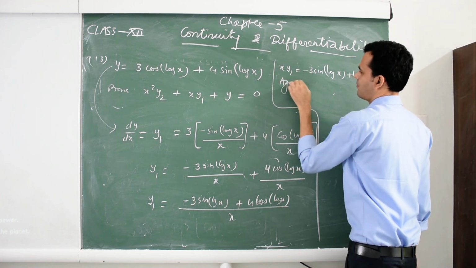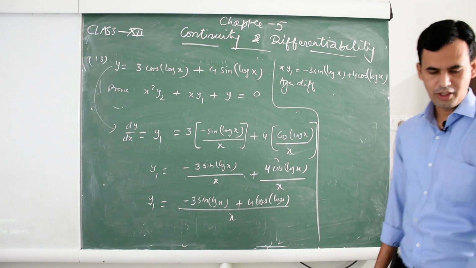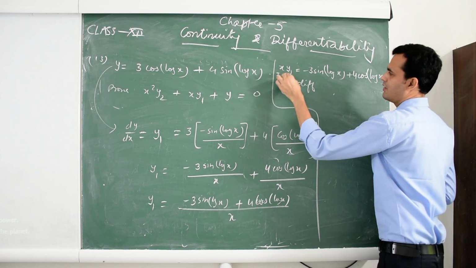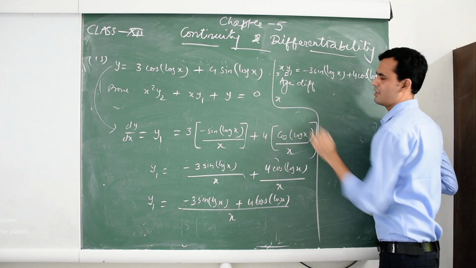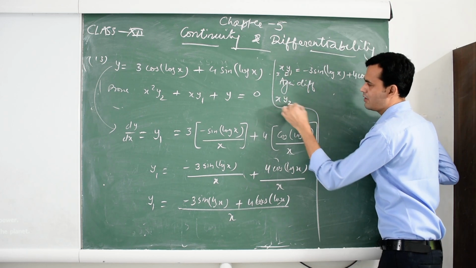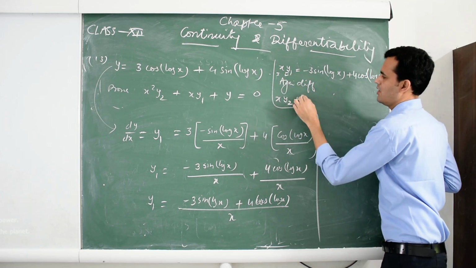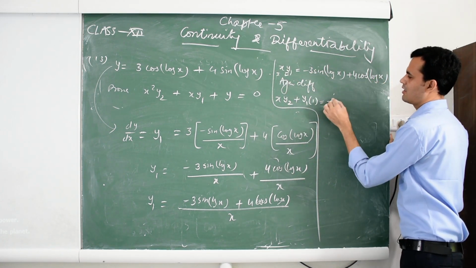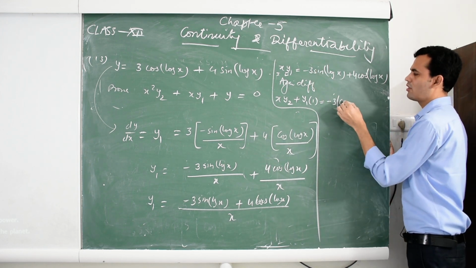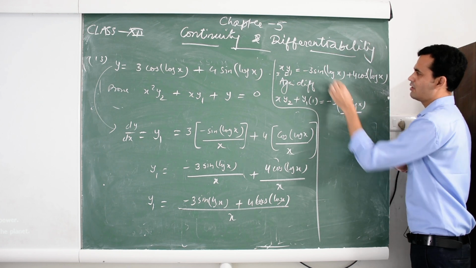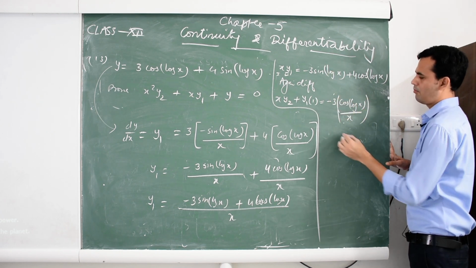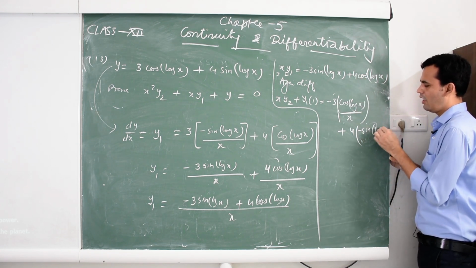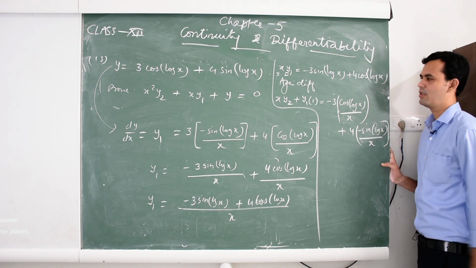Again differentiate with respect to x. So we have first and second, two functions. First function as it is, differentiation of second, differentiation of y1 is y2, plus second as it is, differentiation of first is 1, equals minus 3 as it is, differentiation of sin log x is cos log x, and differentiation of log x is 1 upon x, plus 4 as it is, differentiation of cos log x is minus sin log x, and differentiation of log x is 1 upon x.